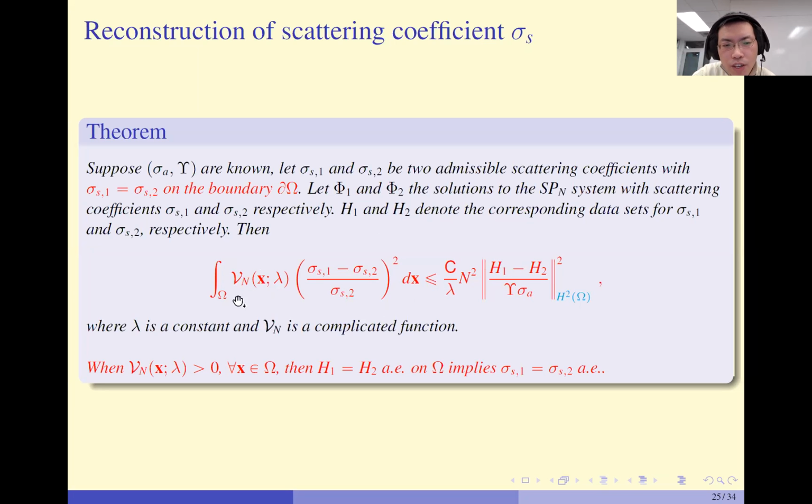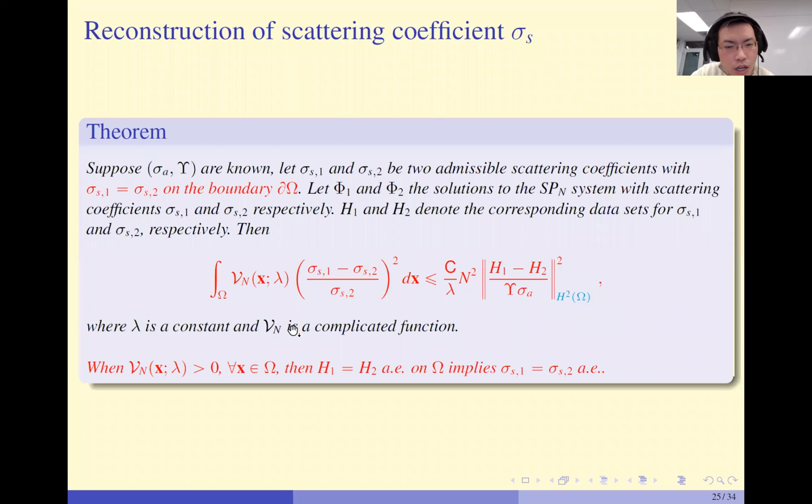Here, V is a function depending on n and x, and also a parameter lambda, which is arbitrary. On the right hand side is the difference between these two initial pressure fields, and the norm is the H2 norm. It's no longer the L2 norm as in the previous analysis.